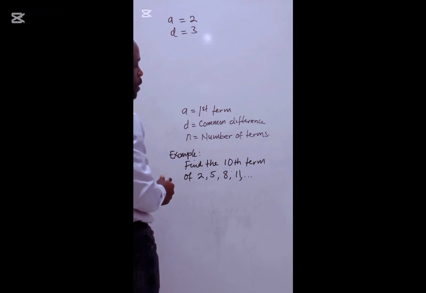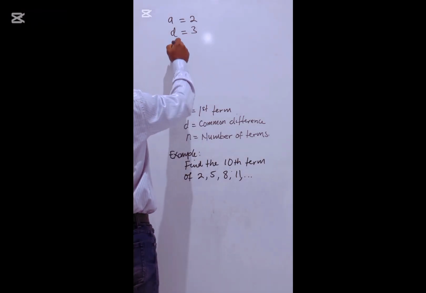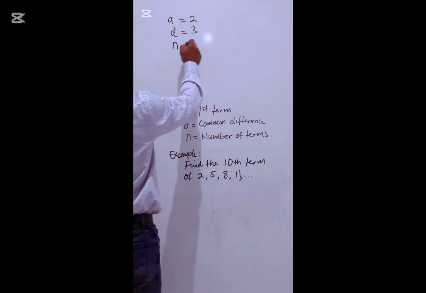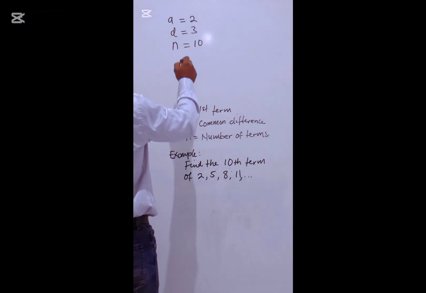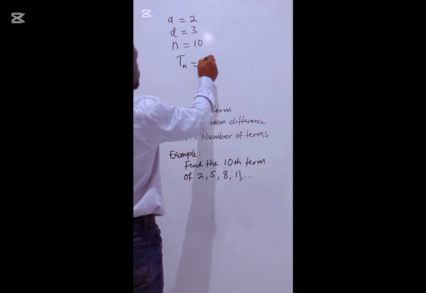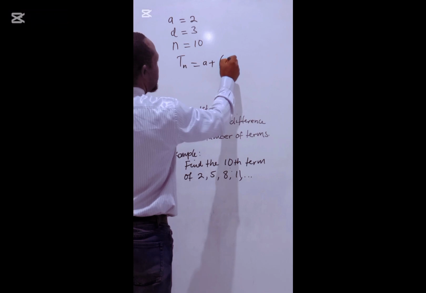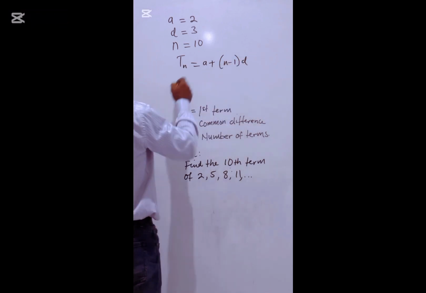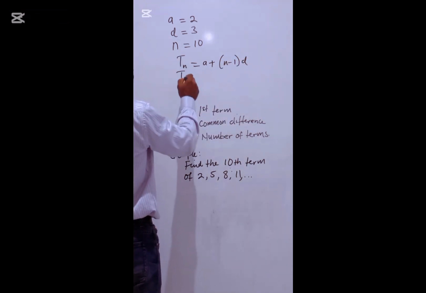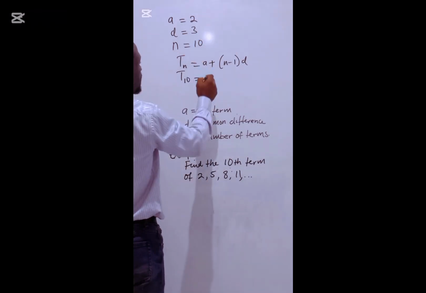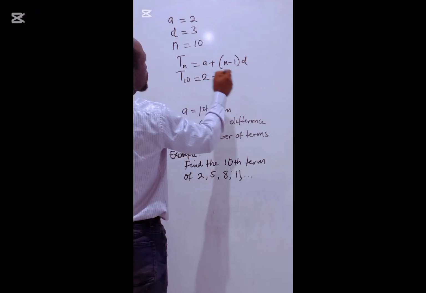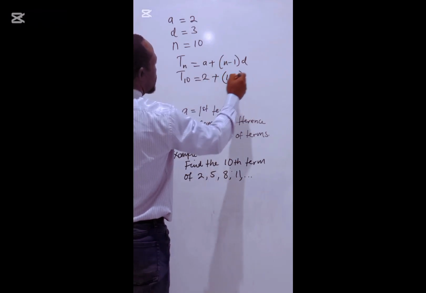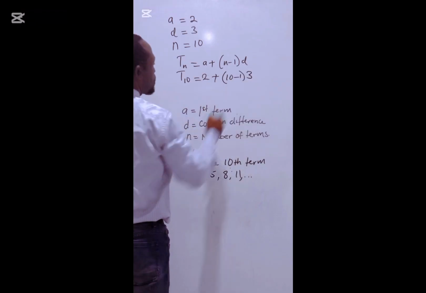While the number of terms in the sequence, which is represented by the letter n, is equal to 10. The question says we should find the 10th term. Therefore, applying the formula Tn equals a plus n minus 1 d, T10 is equal to first term, which is 2, plus number of terms 10 minus 1 multiplied by d, the common difference, which is 3.